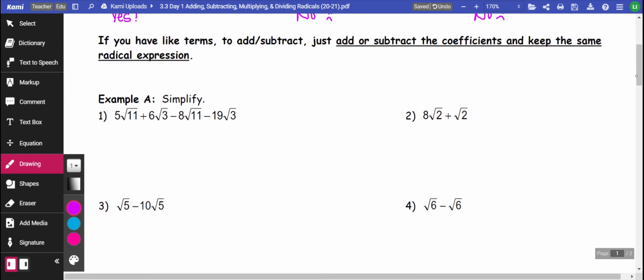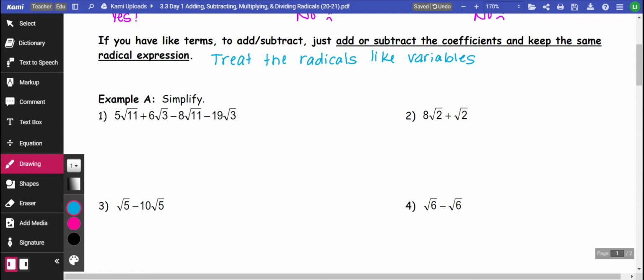Now, if you have like terms to add or subtract, you just add or subtract the coefficients and keep the same radical expression. So it's very similar. We want to treat the radicals like variables. Okay, so we'll see how that works here in example A. It says to simplify.